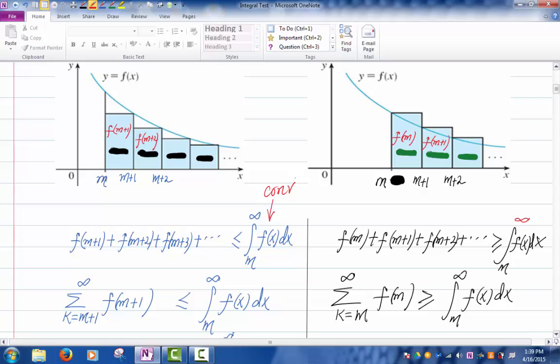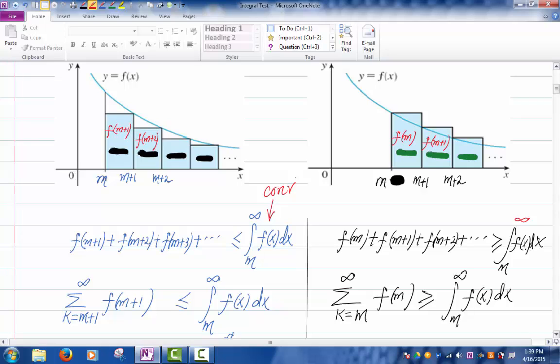The improper integral being convergent means that the improper integral is a number. It's not necessarily zero. But in terms of the graph, what does it mean? When you integrate a positive function, it gives you the area below the graph, right? So what area is represented by the improper integral?